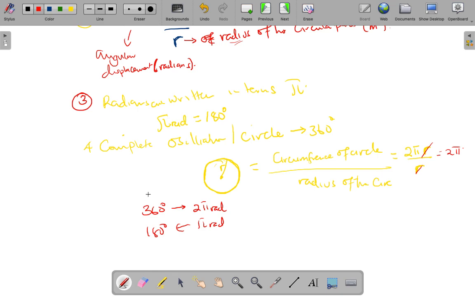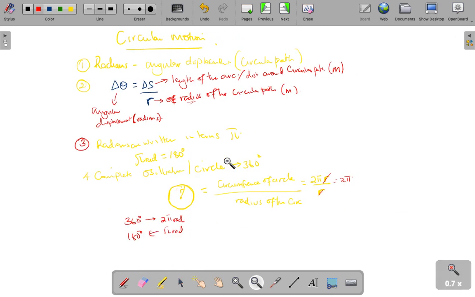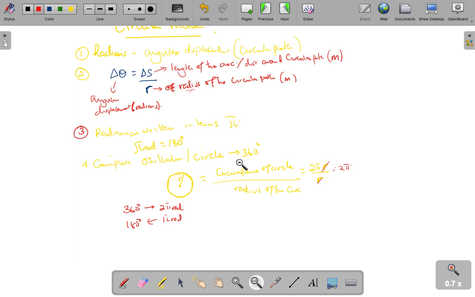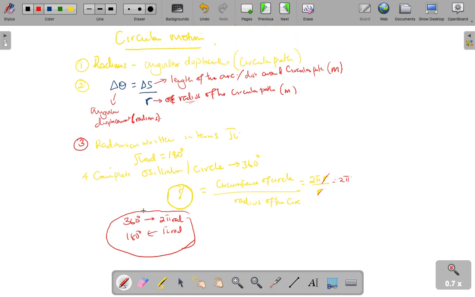In order to continue with this, we need to learn how to convert these different angles, from degrees to radians and from radians to degrees, which I believe you can, having got this part here. I'll record this lesson in very short videos until we finish up circular motion.